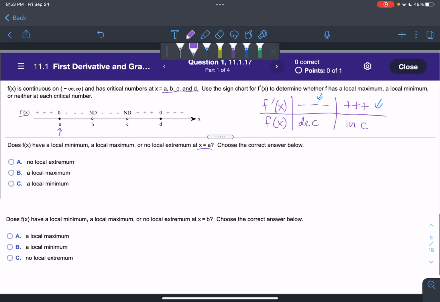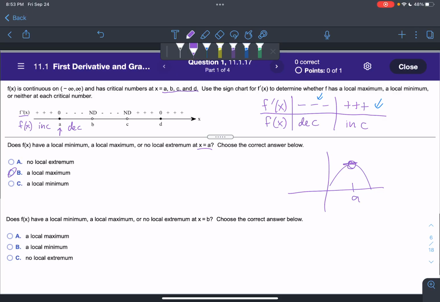So if we were to add on the f interpretation, when my derivative is positive, f is increasing, and when my derivative is negative, it's decreasing. So graphically, it might look something around a as f is increasing and then it decreases, right? So I have this point right here. This is a local max, right?